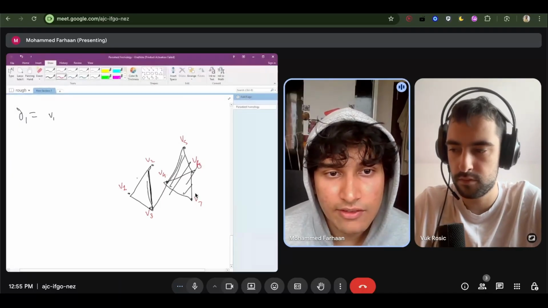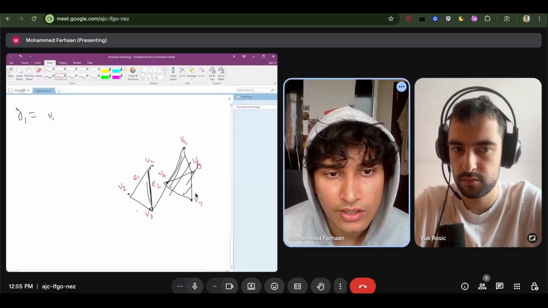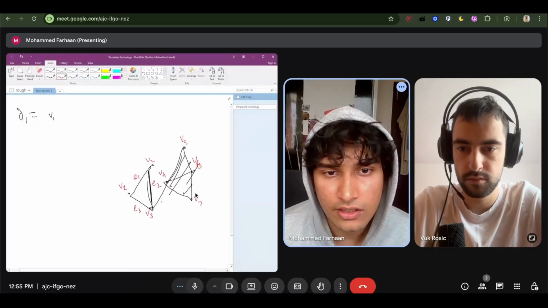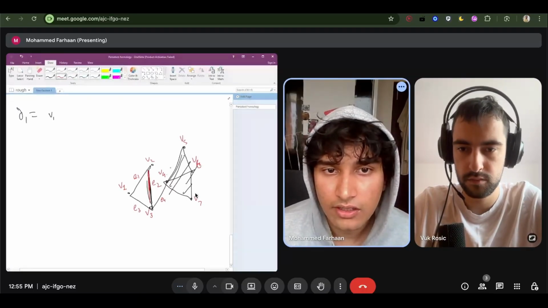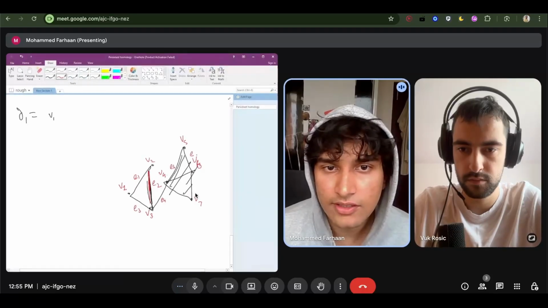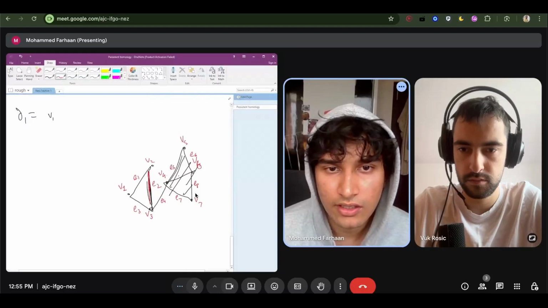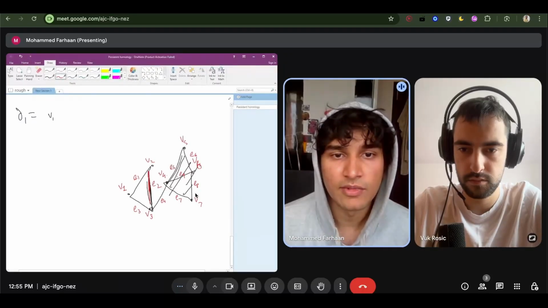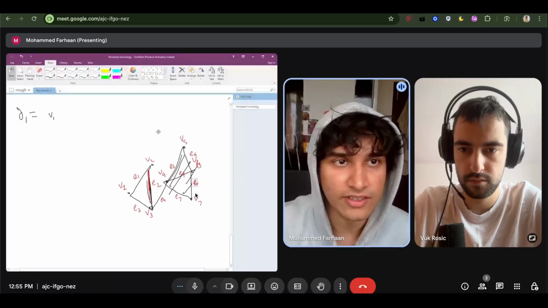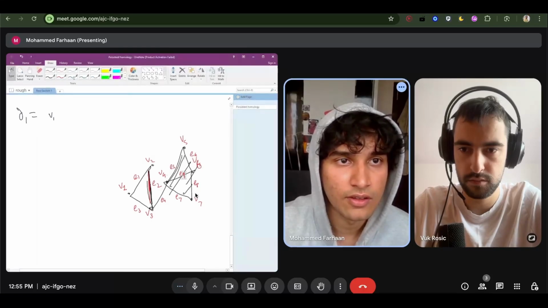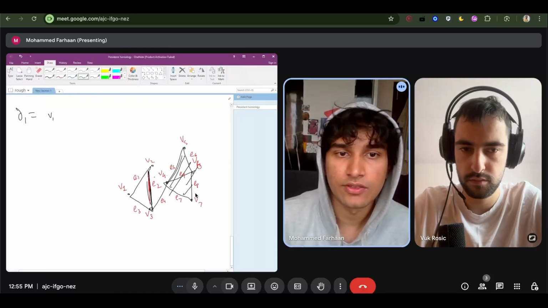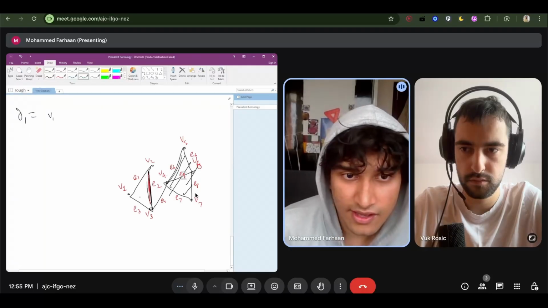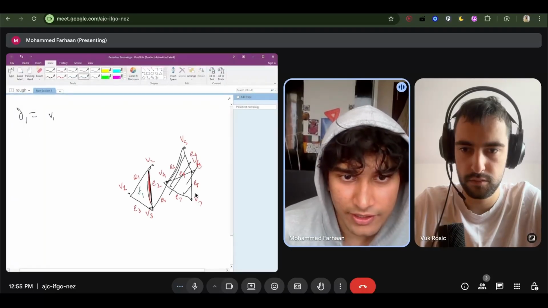Now we'll label our edges. This is E1, E2, E3, E4. E2 is this one, just to be clear. E5, E6, E7, E8, and E9. Similarly, now we have to characterize our faces. This thing is a face, so this is F1.